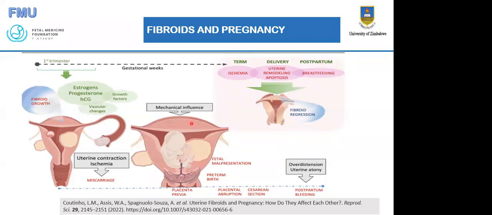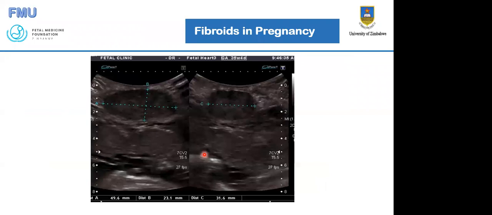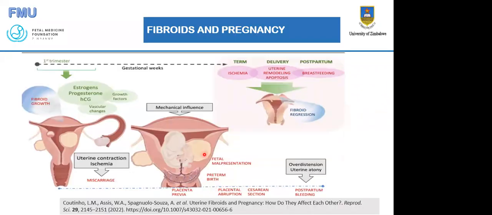So we actually prevent PPH before they even bleed. We make sure we infuse oxytocin and give them prostaglandins whenever they have huge fibroids in pregnancy. So this is the importance of really characterizing fibroids, their size, their location in pregnancy, so that the care team who go on to deliver know exactly what the risks of this pregnancy are.